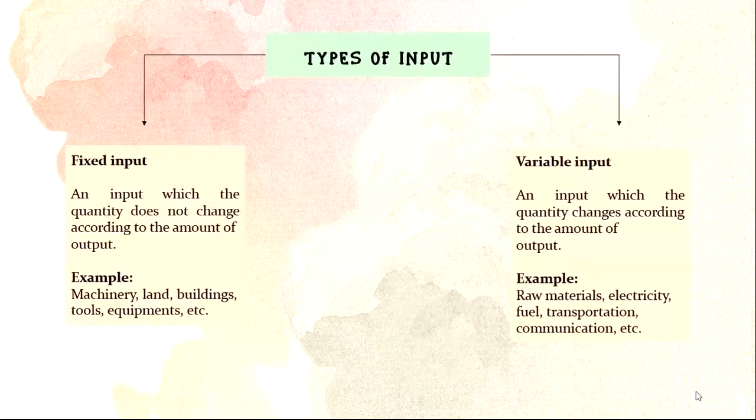We move to the types of input. We have two types of input. The first one is fixed input. It is an input whose quantity does not change according to the amount of output. For example, machinery, land, buildings, tools, and equipment.